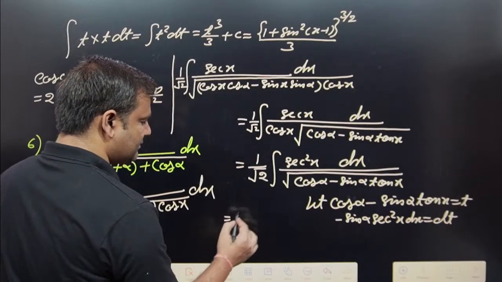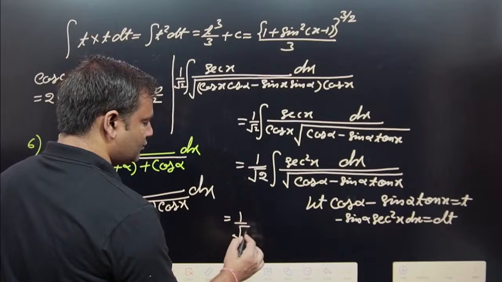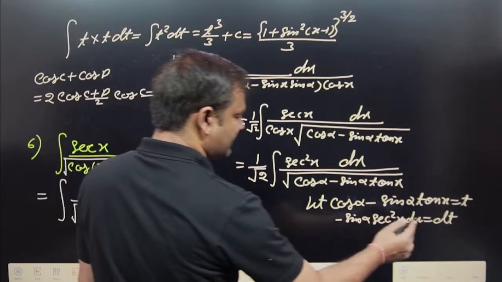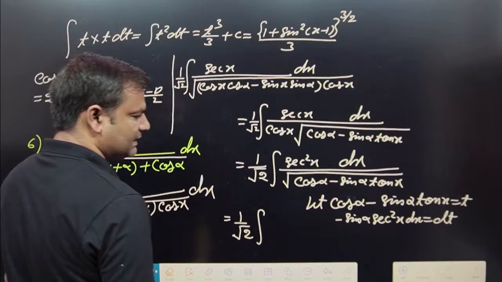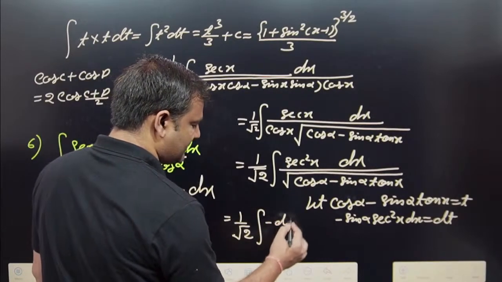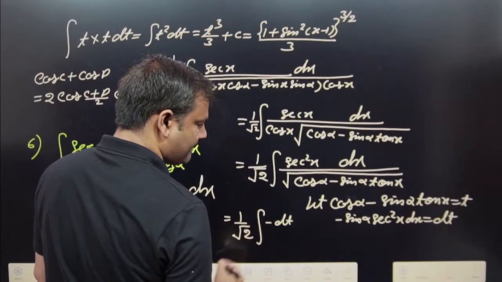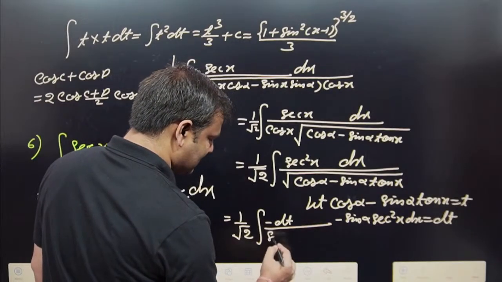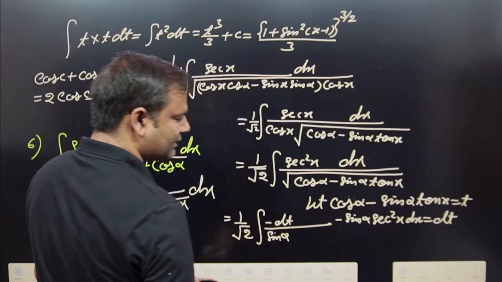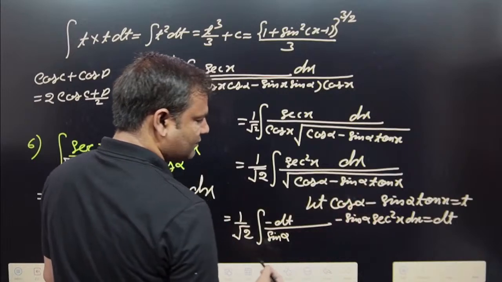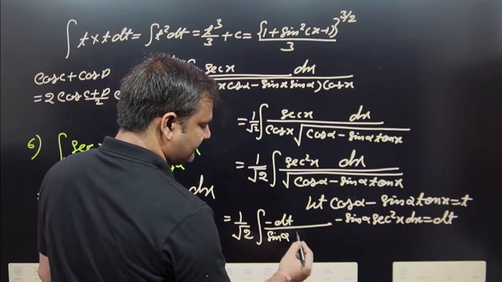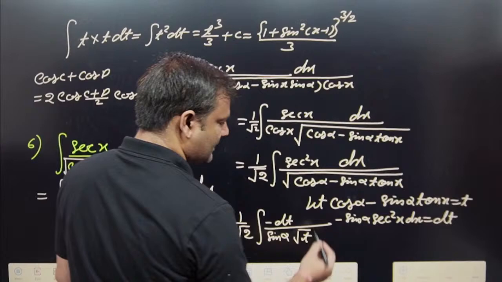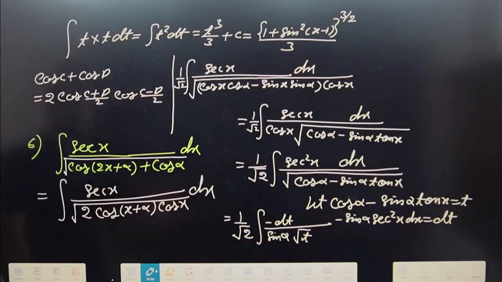So that is written as 1 by root 2 into sec square x dx, which is dt, minus dt divided by sin alpha, and now the value is simply root t, because this is replaced by t.